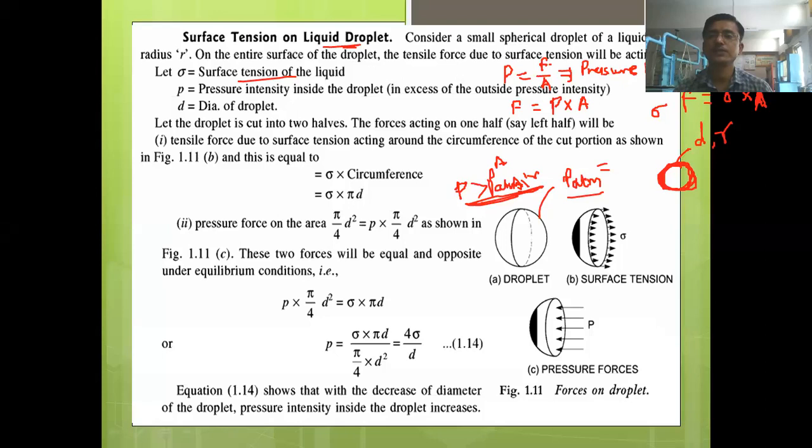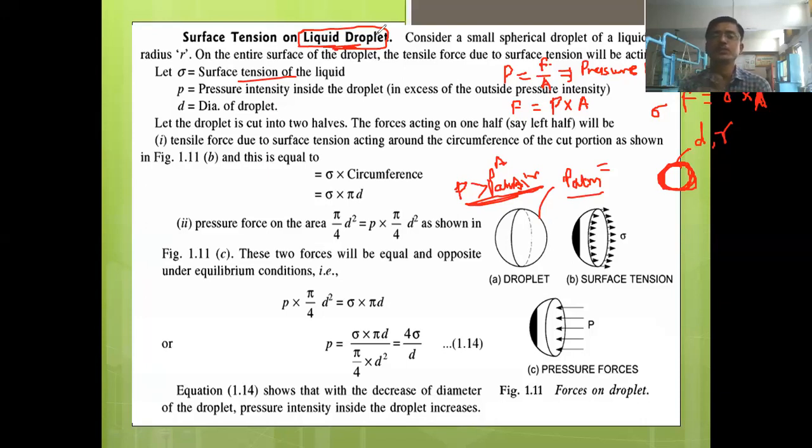Okay, so we are going to use this equilibrium condition to derive the equation for surface tension. I will write here force. We are going to use this condition for the derivation of the surface tension on the liquid droplet. Are you getting my point? What is the logic behind this? Because of the presence of surface tension or surface tensile force, there is an increase in the pressure intensity or pressure force inside the liquid droplet, which is greater than the atmospheric pressure and which has a magnitude equal to the tensile force. जेवढा टेन्साइल फोर्स त्याच्यावरती ऍक्ट होतोय तेवढाच प्रेशर इंटेन्सिटी आतून त्याच्या अपोजिट डायरेक्शन मध्ये, प्रेशर फोर्स त्या ठिकाणी ऍक्ट होईल.